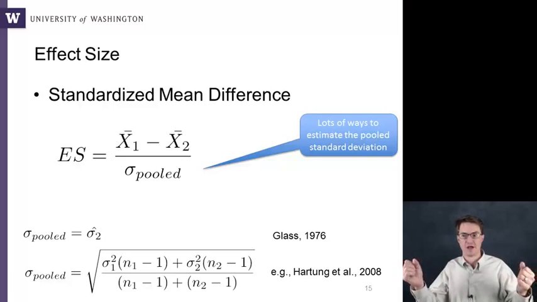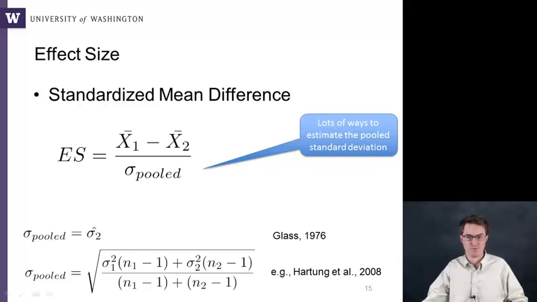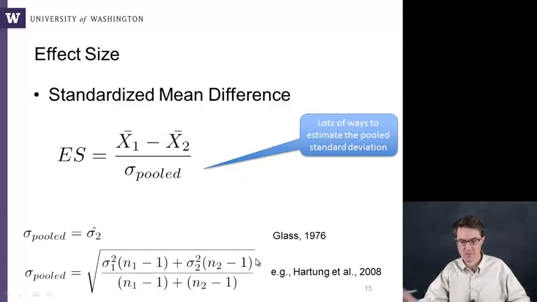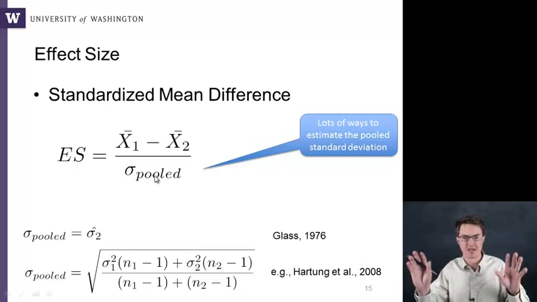Another way is to compute the actual pooled standard deviation, which is an expression that looks like this. We're not going to go into much more detail than that, but just to point out that the overall notion is pretty simple, and it's not unreasonable to use a straightforward definition of the standard deviation.